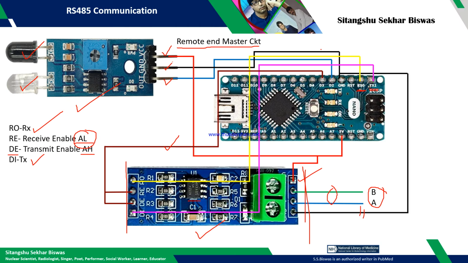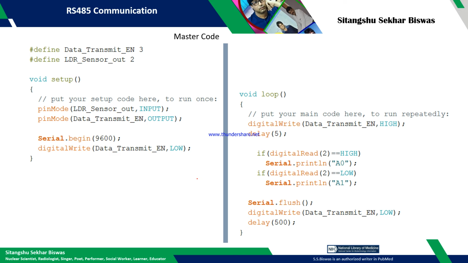So this master code will be uploaded to this board. Okay, and this microcontroller should be powered up through this cable. Now in the code, I am defining the data transmit pin, as I told, it is connected to pin 3.